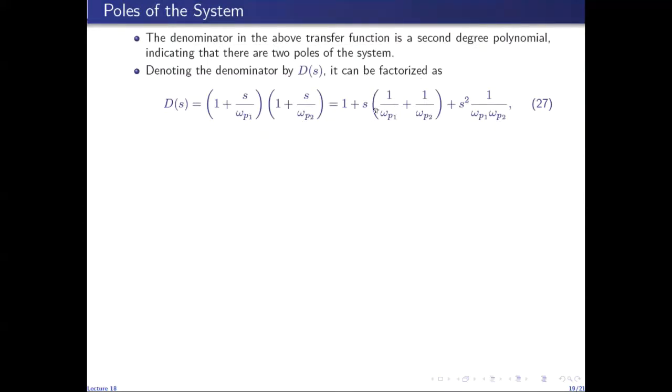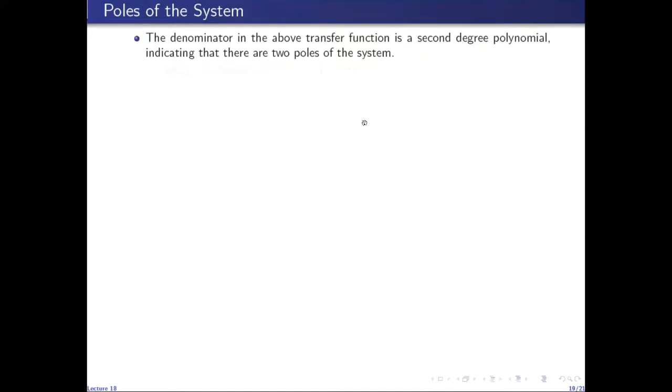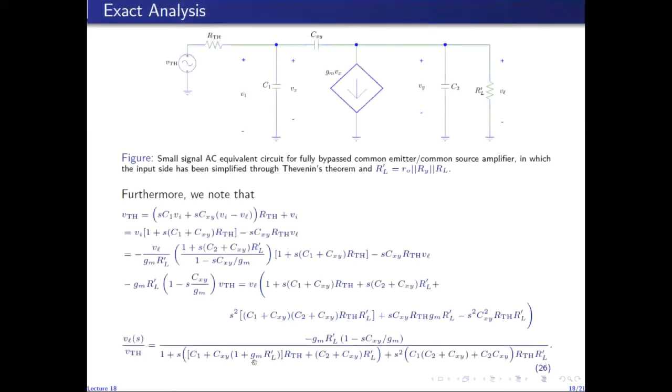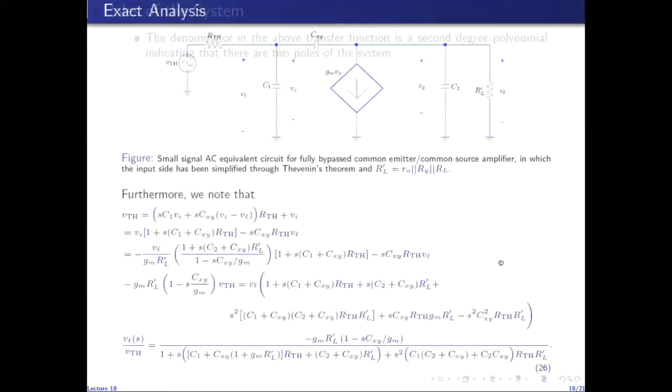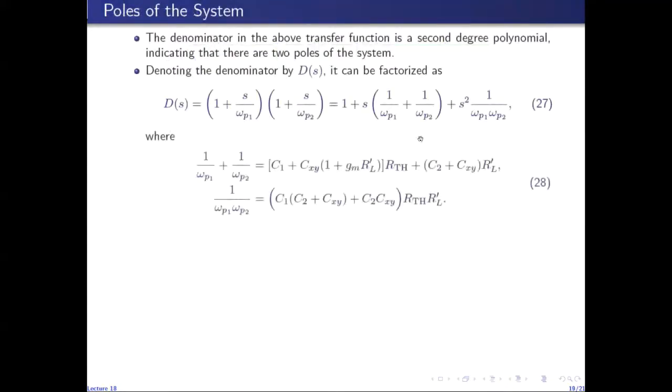This term, which is the coefficient of S, must be equal to this term, which is the coefficient of S. Similarly, this term, which is the coefficient of S squared, must be equal to this term, which is the coefficient of S squared. So I equate these terms to the corresponding coefficients, and I get these relations.